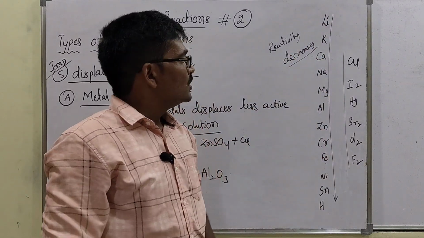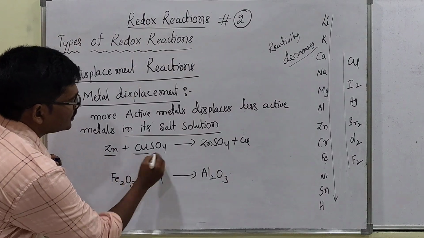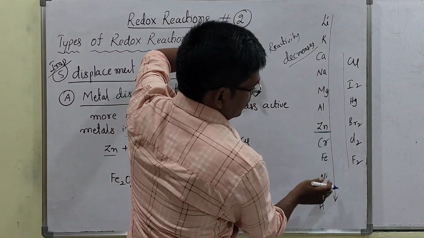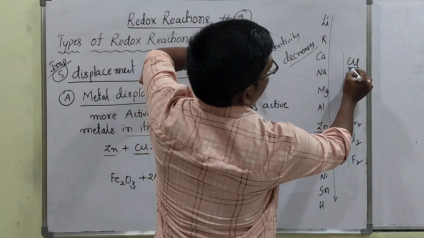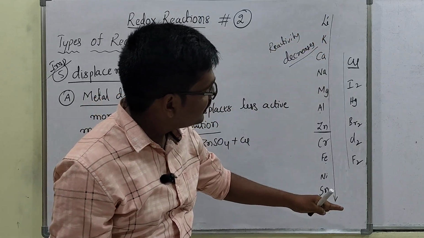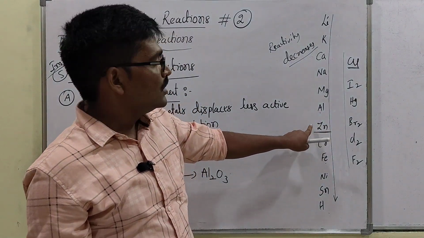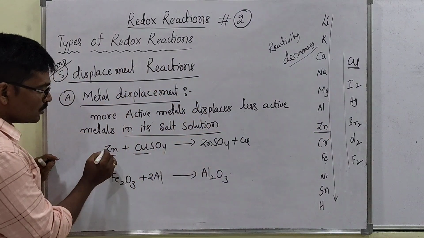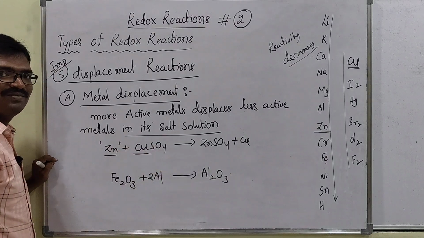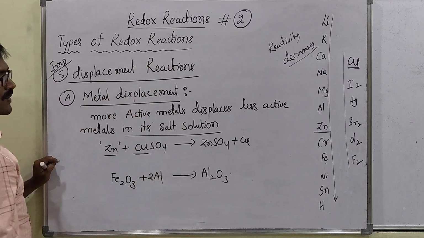For example, in this reaction, if you take zinc and copper, zinc is here and copper is next, below it. Copper is less active compared to zinc. So zinc is the more active metal and can displace the less active metal in the salt solution. That is called a displacement reaction, metal displacement.